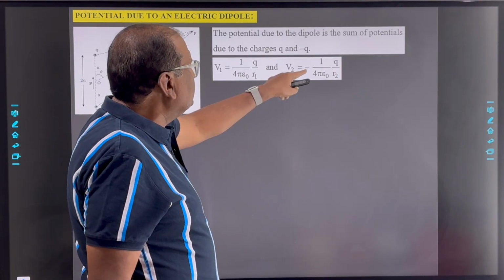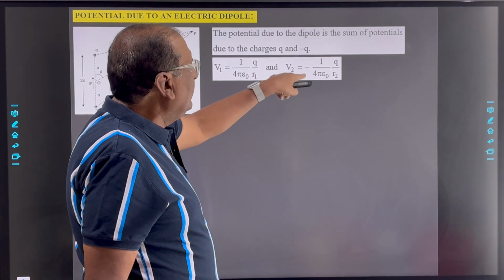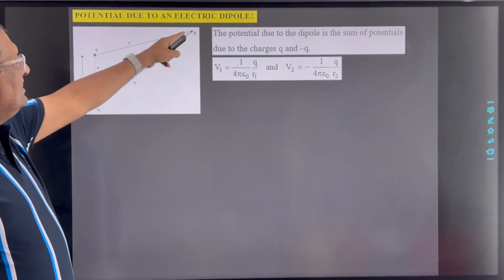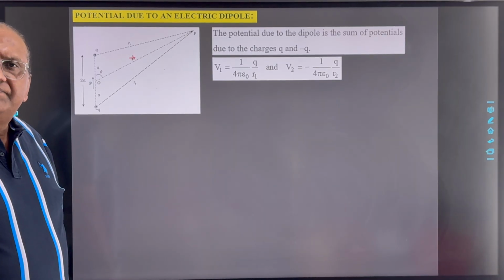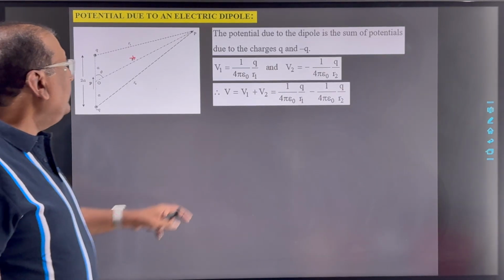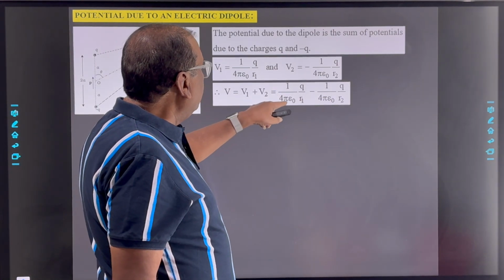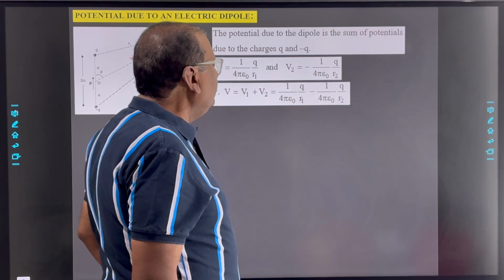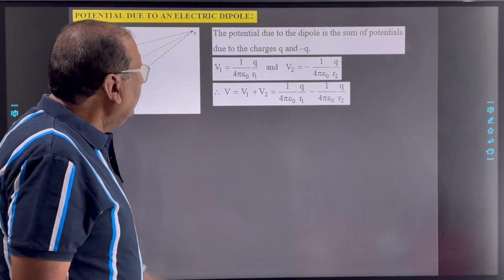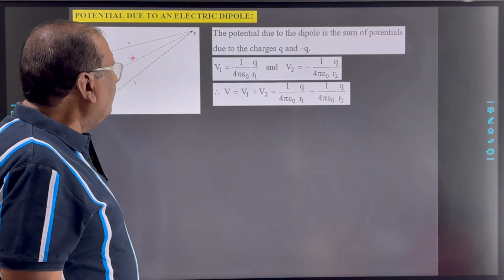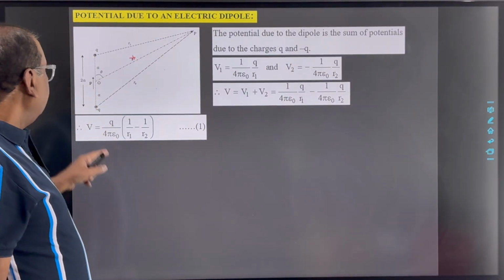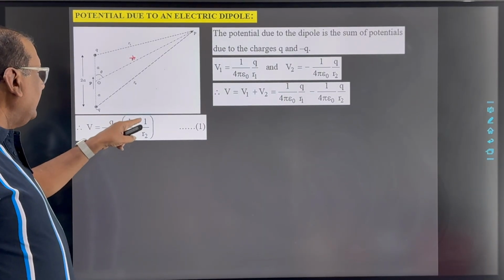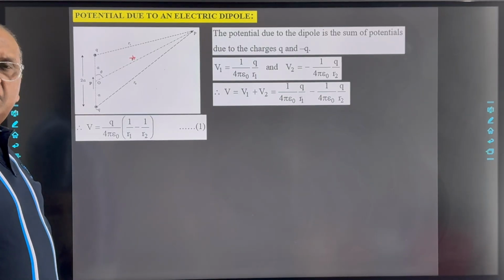And V2, Q is negative, so minus 1 upon 4 pi epsilon 0, Q upon R2. So the resultant potential at P is V1 plus V2. So we can write 1 upon 4 pi epsilon 0 Q upon R1 minus 1 upon 4 pi epsilon 0 Q upon R2. Now if we take Q upon 4 pi epsilon 0 common, then V is Q upon 4 pi epsilon 0 into 1 upon R1 minus 1 upon R2.